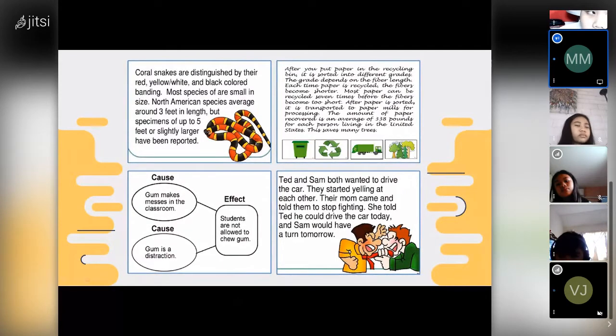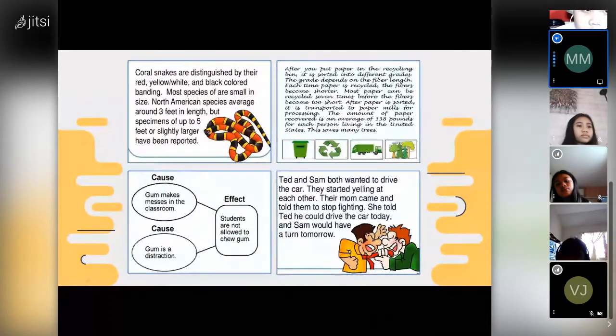Okay. Next question is, which picture describes a species? Coral snakes, the first picture. Okay, the first picture. How about which picture shows a sequence of events?